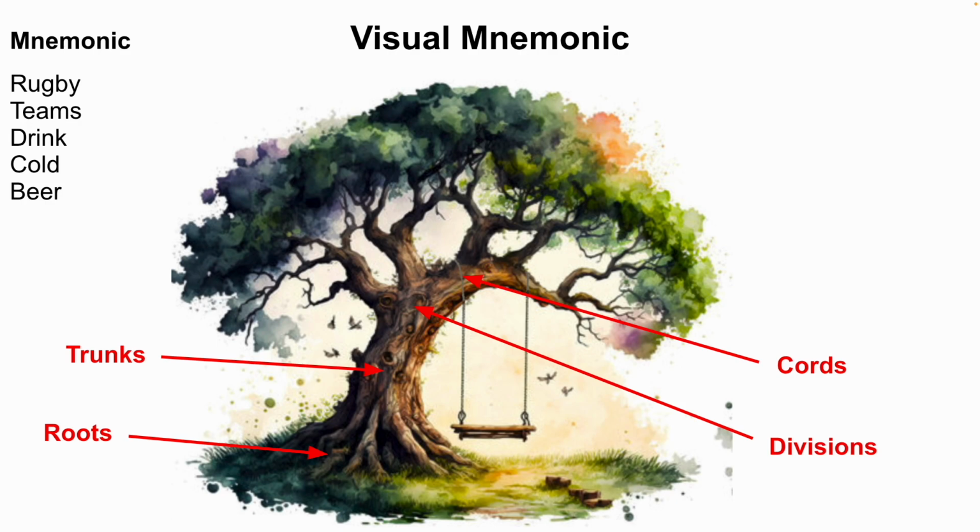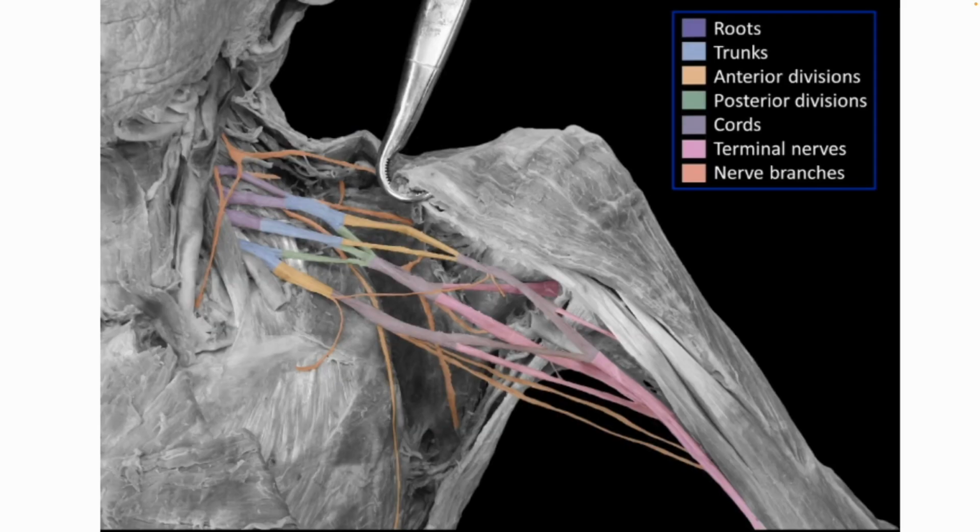You can think about it that way if it helps you. And then you move outwards on the tree and finally get your branches. So you have your roots, your trunks, your divisions, your cords, and then your branches. That's what I think about whenever I think about the brachial plexus.